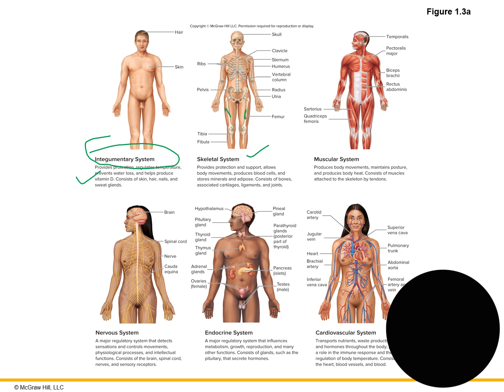Then another one is the muscular system. The muscular system is the one that attaches bone to skin. There are three different muscular systems: skeletal muscle, cardiac muscle, and smooth muscle.